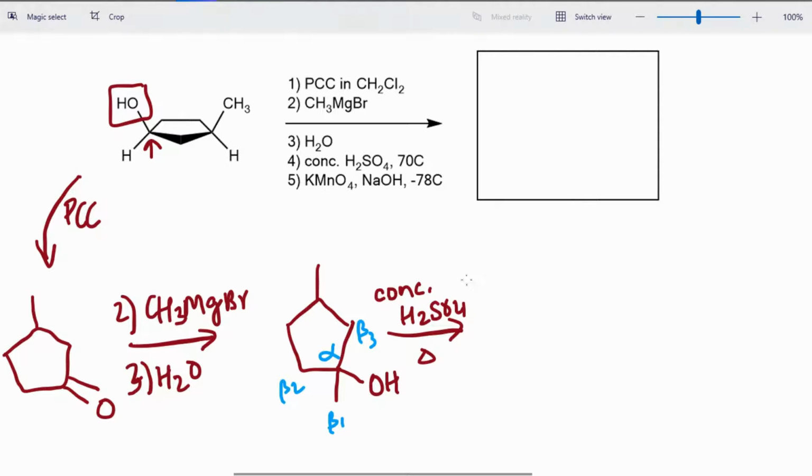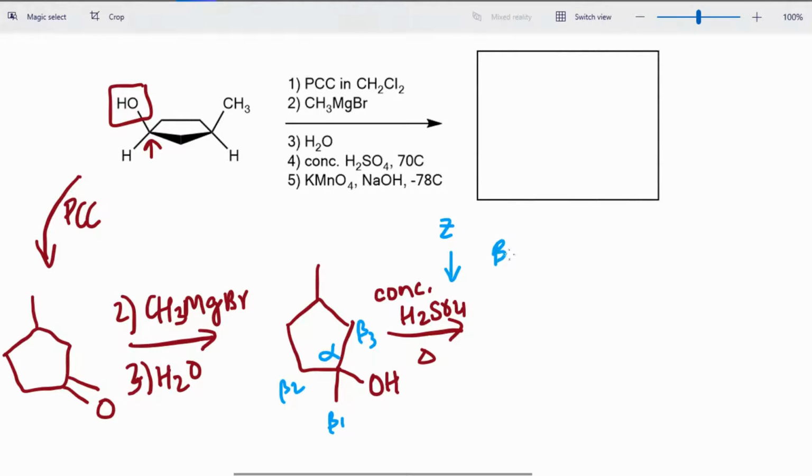Now, because concentrated sulfuric acid usually gives us the Zaitsev product, we're going to look for the most substituted beta position, pull off a proton from there, and then kick off the OH, which will be kicked off as H3O+, and you get a double bond. But what you need to consider is who's more substituted, and thus you'd pull off a proton from there.